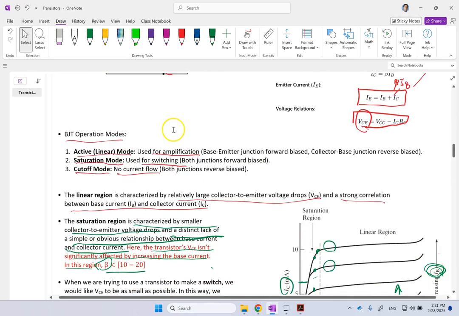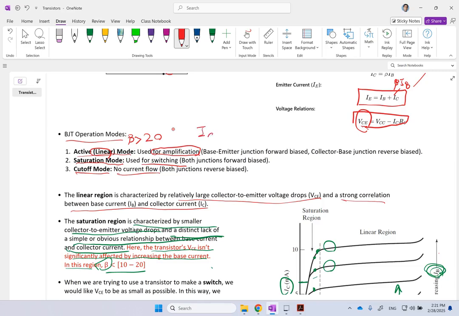And that is exactly what we want. We want in the linear region where beta is big, we want to use amplification because IC is beta times IB. And IE is beta plus 1 times IB. So for a fixed IB, if beta is bigger, these currents are going to be bigger, and I'm amplifying, let's say, by 100, 101.